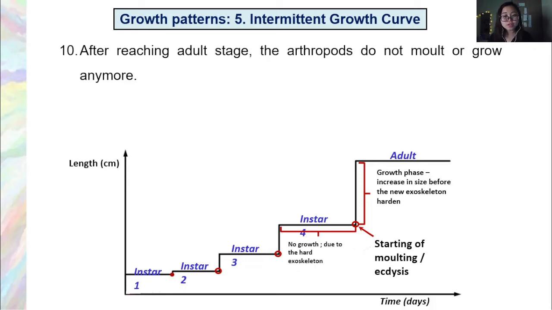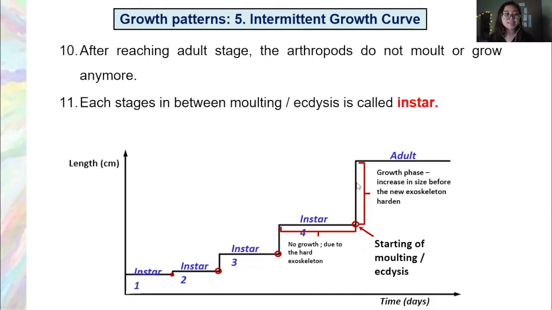After reaching the adult stage, the arthropods do not molt or grow anymore. So when it is fully grown, the final form, dia memang akan stay the same length until it dies. But before adulthood, sebelum dia fully grown, untuk setiap tetangga ini, setiap step ini, stage pertama yang dia tidak membesar itu digelar sebagai instar.